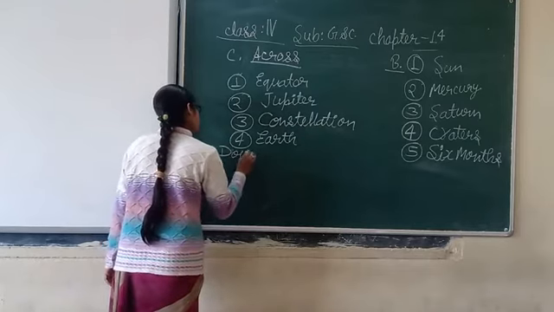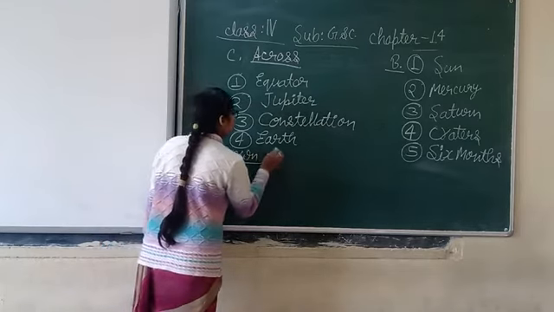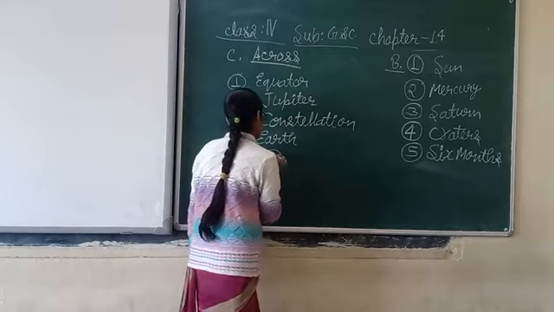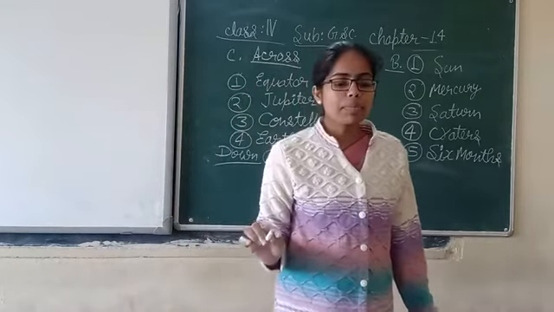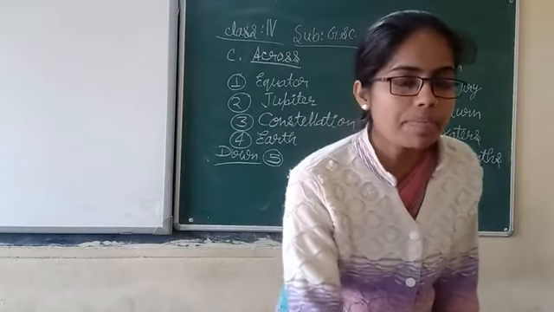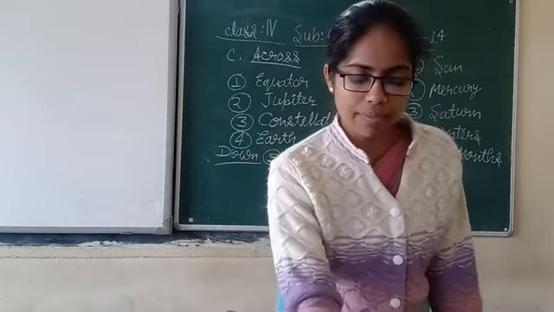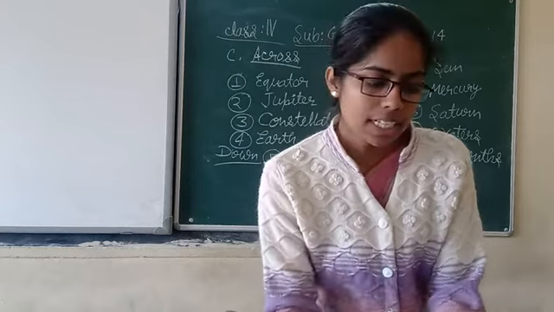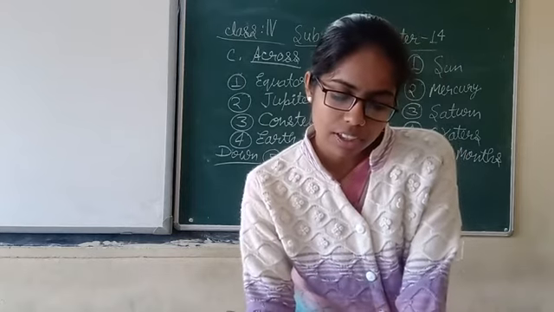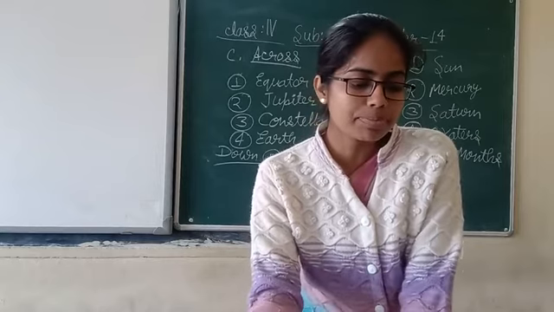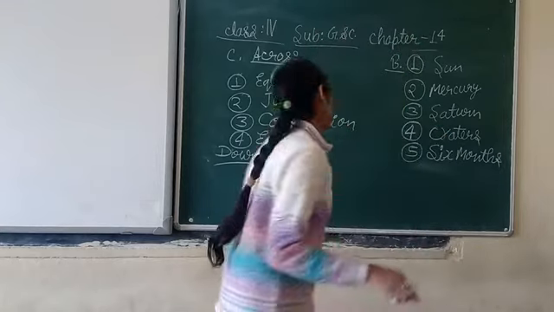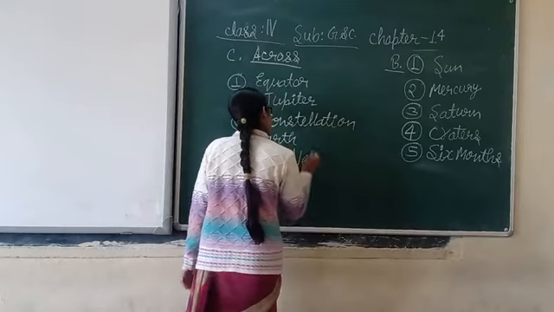Fifth question is the planet farthest from the Sun. Which planet is farthest from the Sun? Neptune, no? So the answer will be Neptune here.